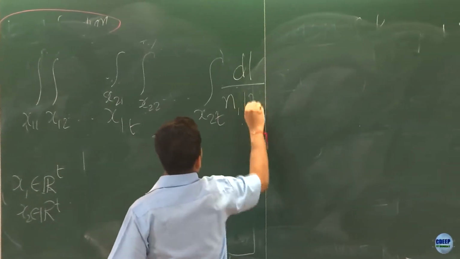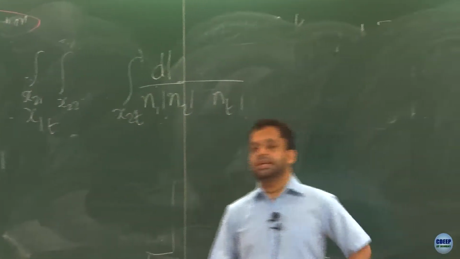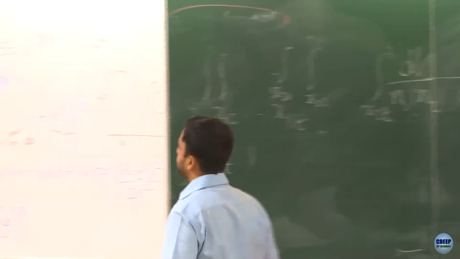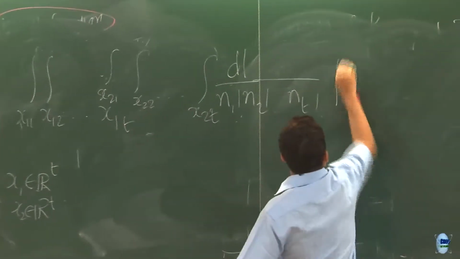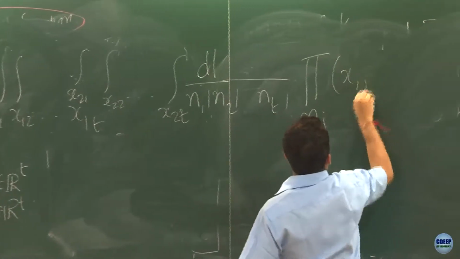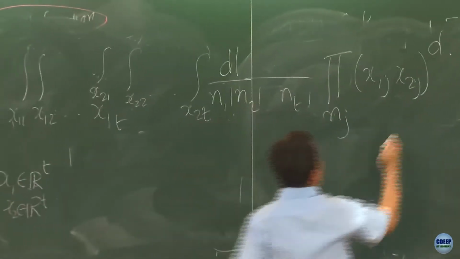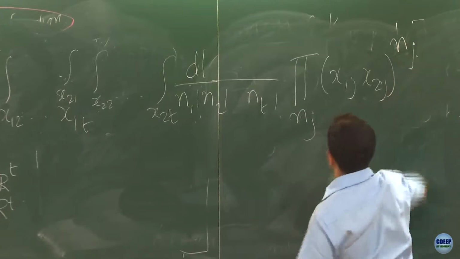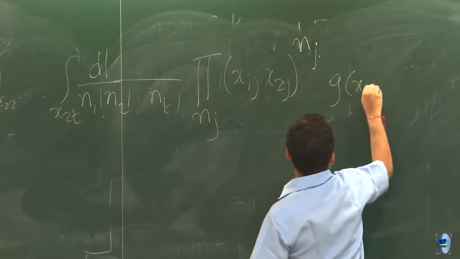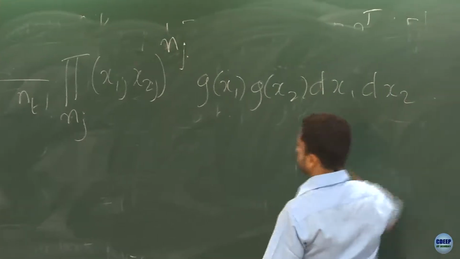These factorials are the number of terms that have this particular exponent nj associated with x1j x2j. So it is a product over j of x1j x2j raised to nj, not t. The rest is g of x1, g of x2, dx1, dx2.